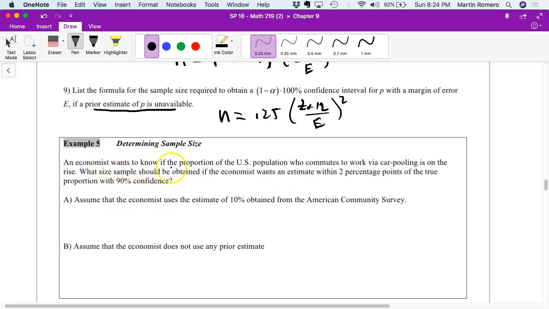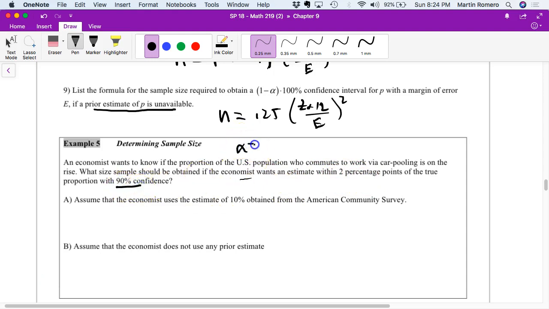So let's assume an economist wants to know if the proportion of the U.S. population who commutes to work via carpooling is on the rise. What sample size should be obtained if the economist wants to estimate within 2 percentage points of the true proportion with 90% confidence?